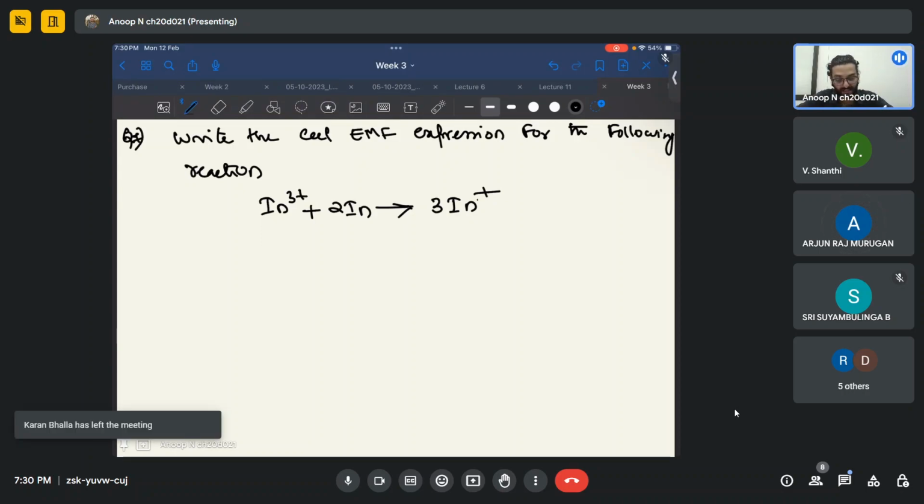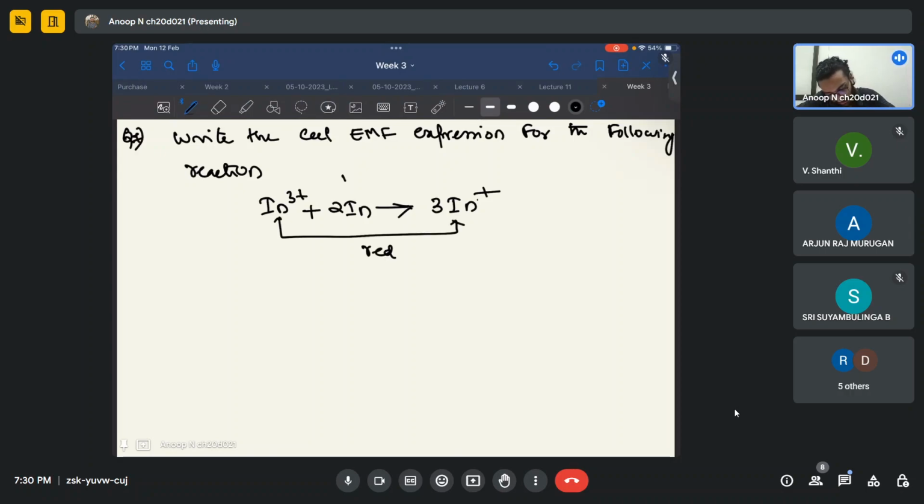So what kind of reaction is this? Here it is getting reduced. Here it is getting oxidized. In the same equation, it is getting oxidized and reduced. What is this type of reaction called? Anyone?